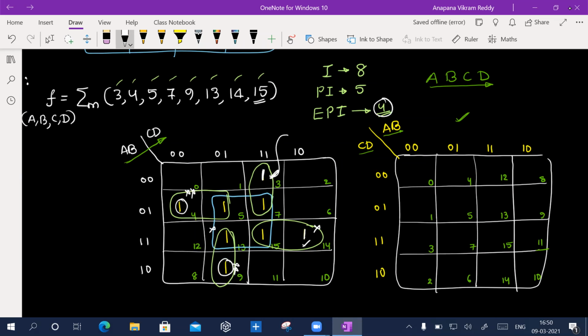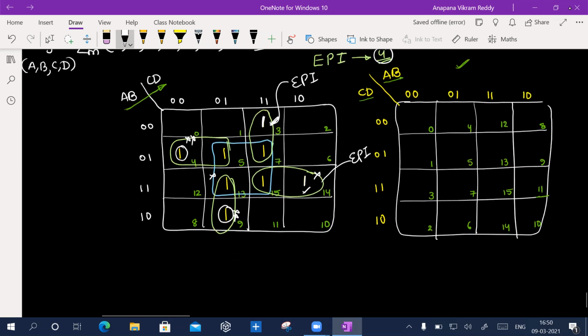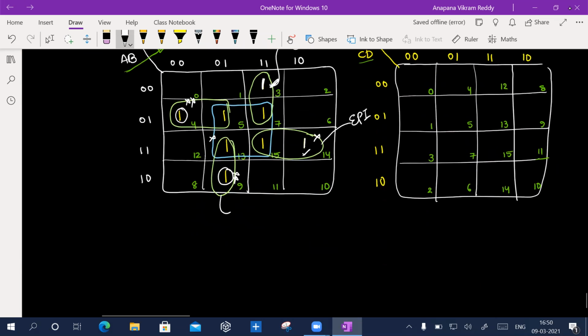So this is one EPI. This is also EPI. This is also EPI. Now what about this? This is also EPI. So all pairs here are EPIs, except the quad, because in the quad all ones are covered by other PIs.